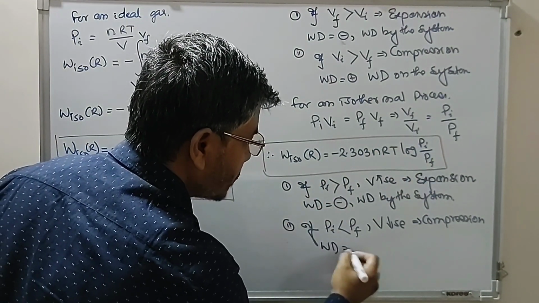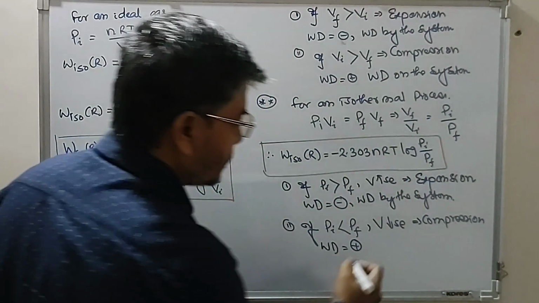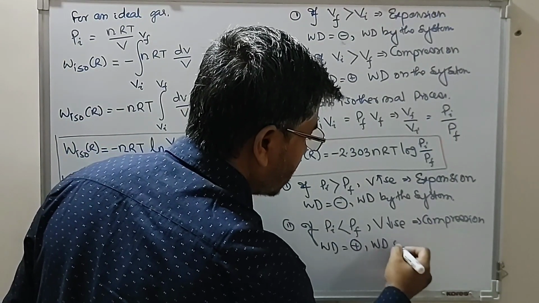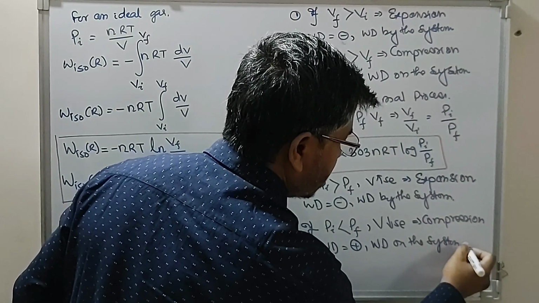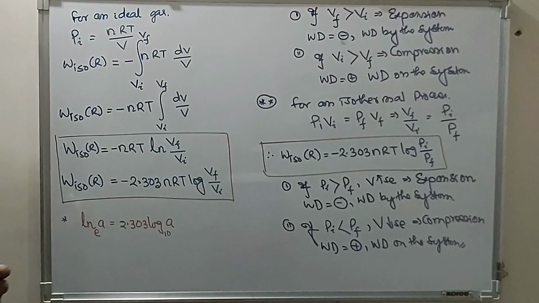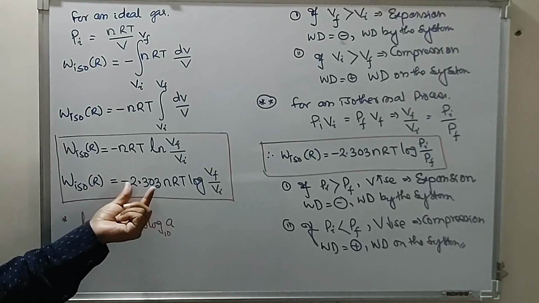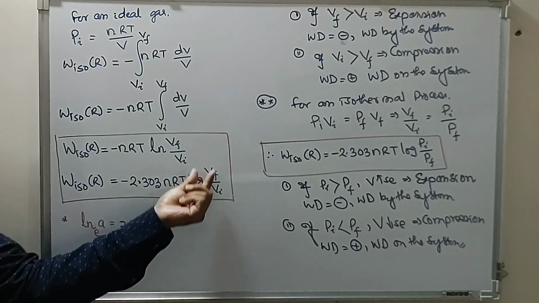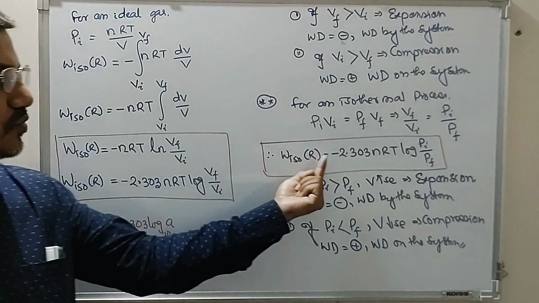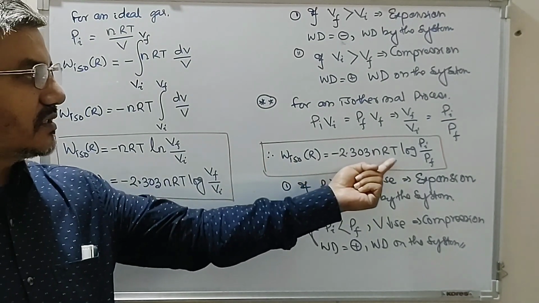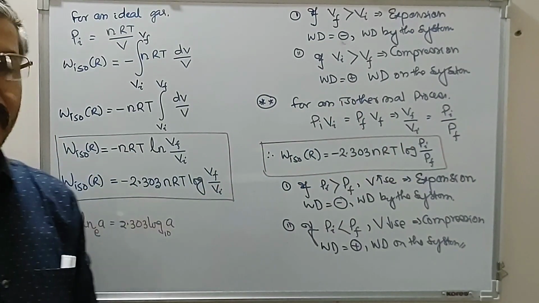So work done is positive. If work done is positive, we say this is work done on the system. So this isothermal reversible work can be expressed by minus 2.303 nRT log Vf by Vi, or minus 2.303 nRT log Pi by Pf.